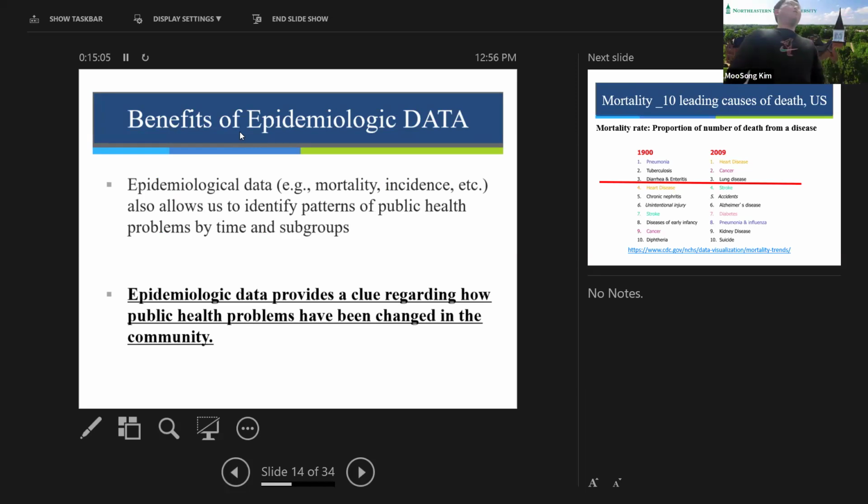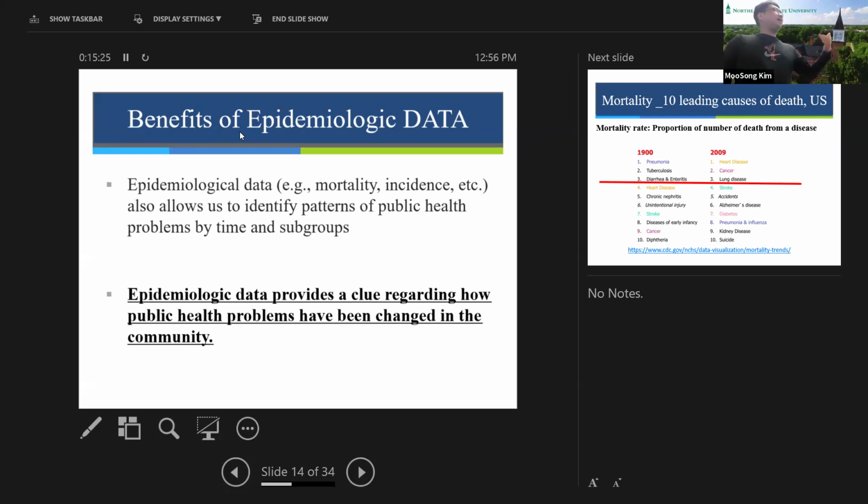So we also gather many epidemiological data, like the occurrence of disease, like death rate and then incidence rate. This kind of data actually allows us to identify the pattern of public health problems by time and subgroups.